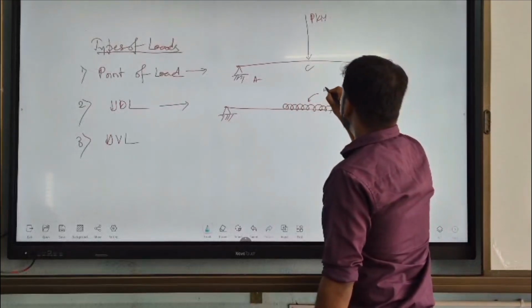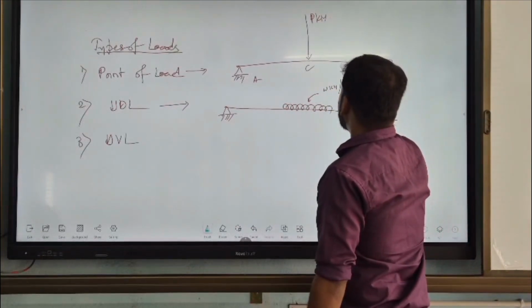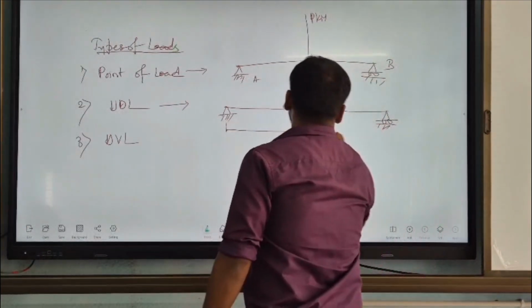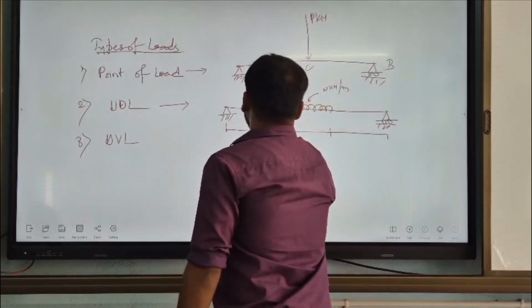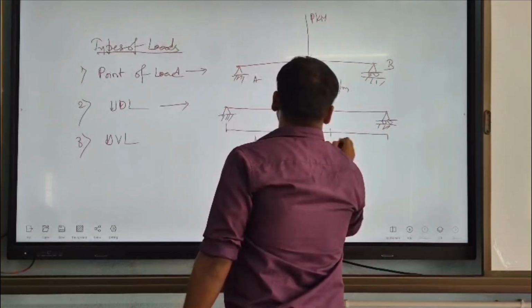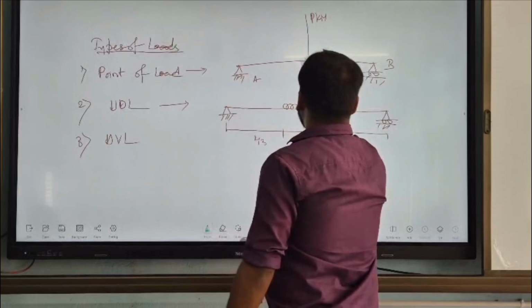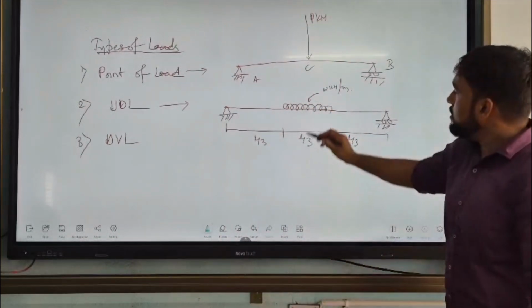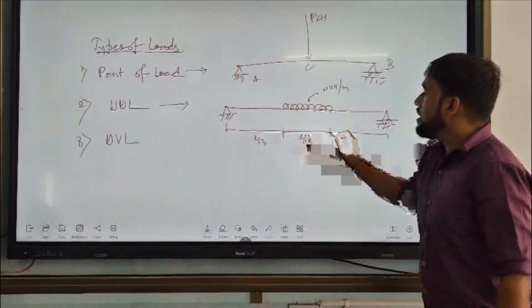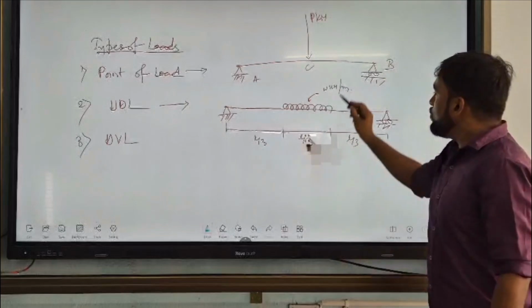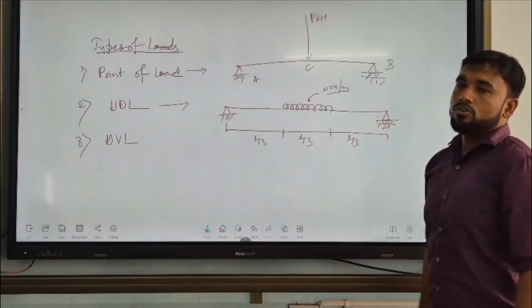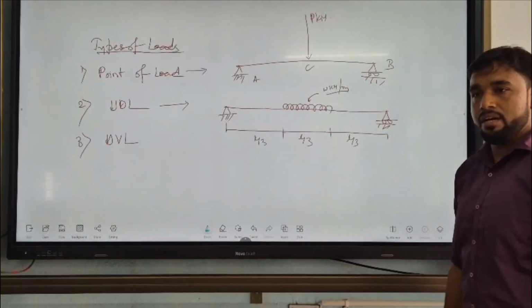Suppose we are given W kilonewton per meter. Suppose the whole length of the beam is L. So the middle L by 3 part, the middle third, is subjected to a UDL having intensity W per meter.